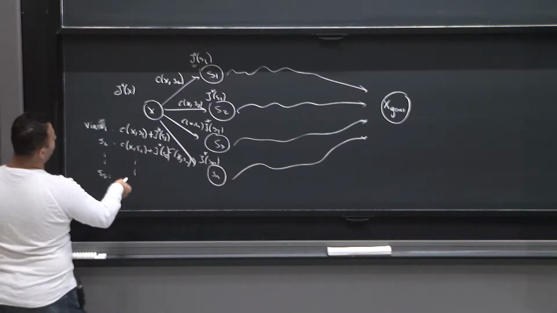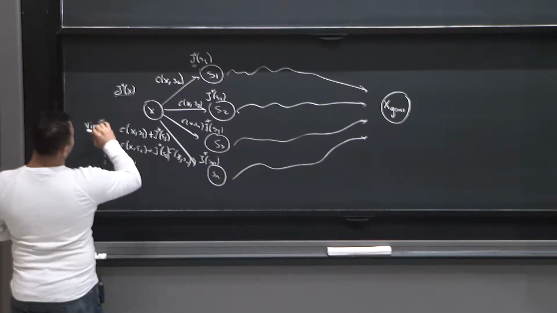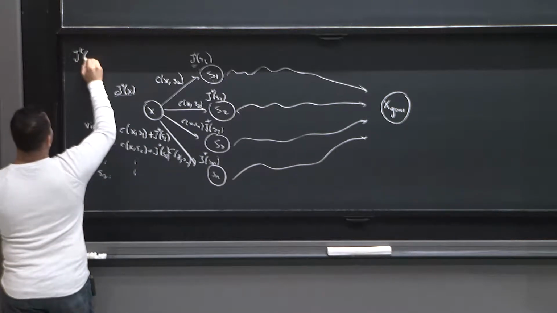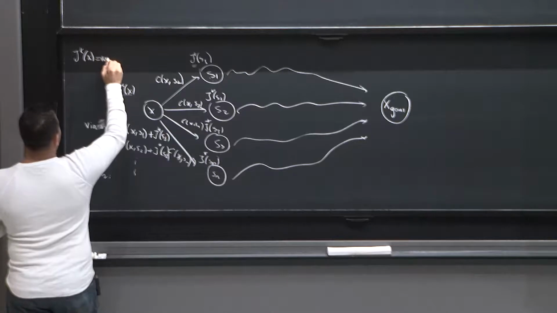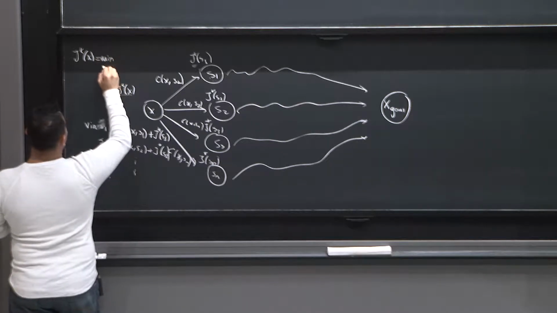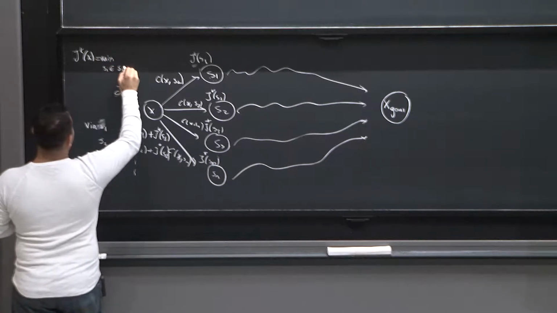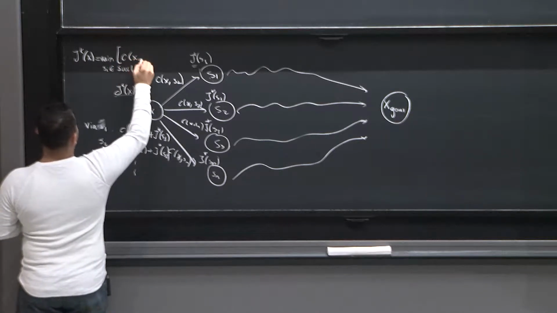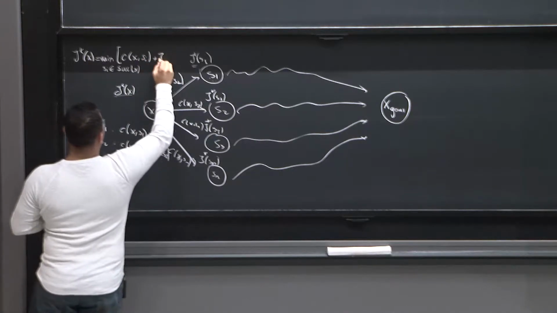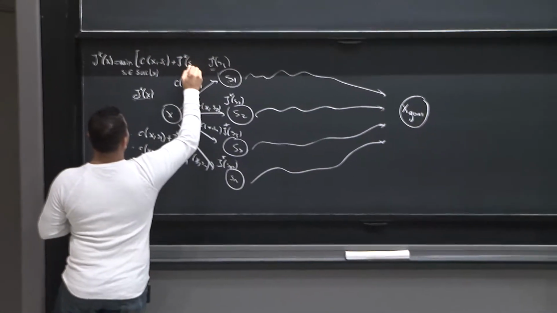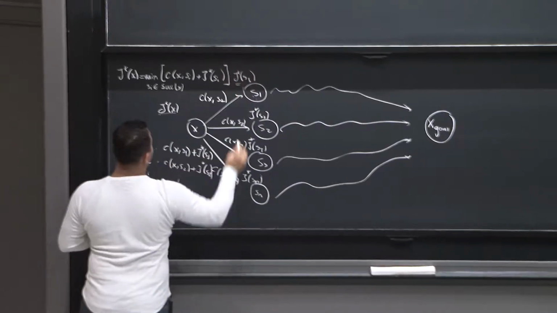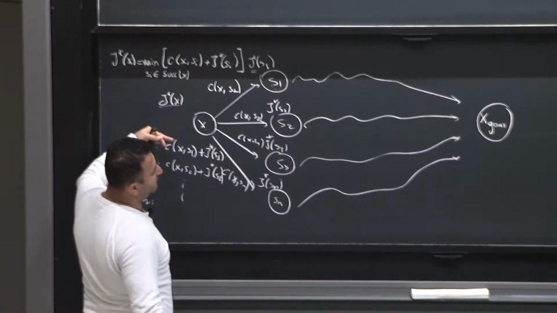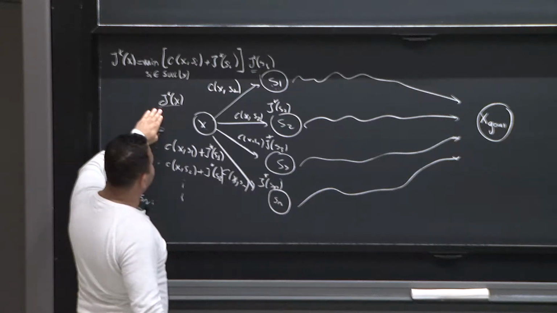Then you find the minimum, and you say, OK, the optimal cost-to-go of x can be written as this. So that's what it says.